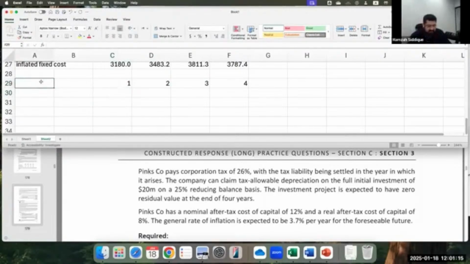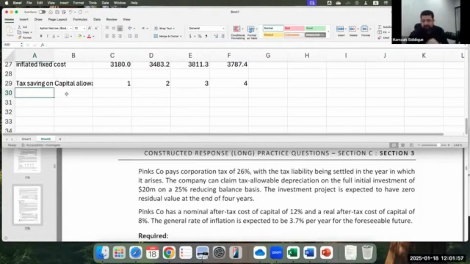We need to calculate tax saving on capital allowance.